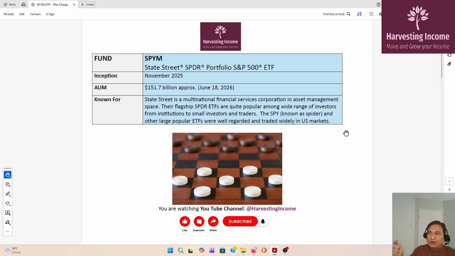Every basic investor can get started with this kind of fund. There are other popular funds, but the SPY was the most popular. And SPYM is actually a smaller version of the same fund, same design, with more or less the same features. So that's the background about the company.